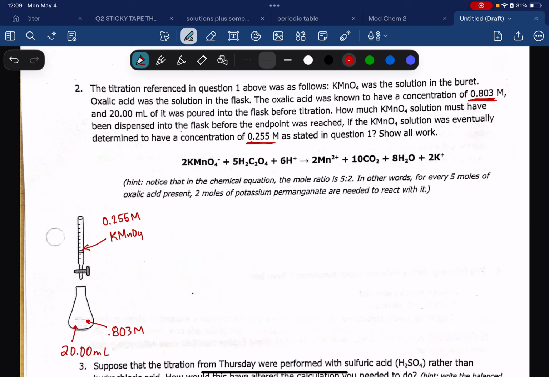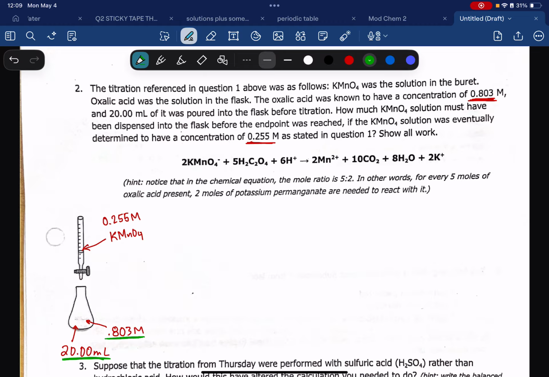Very good. Now, I recognize that if I have the molarity and the volume of a solution, that's right away enough information to calculate moles as well.